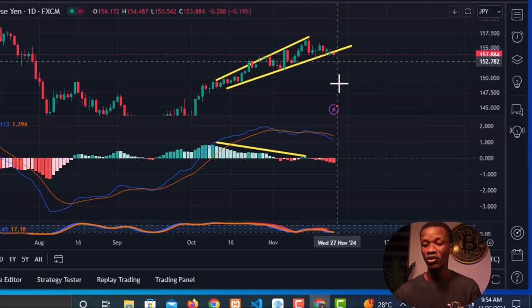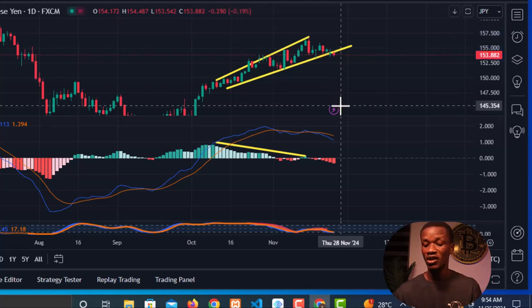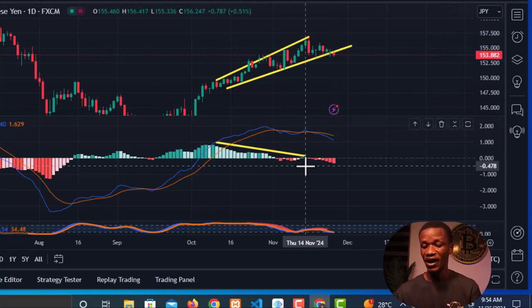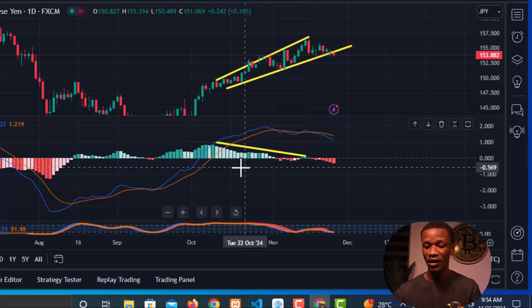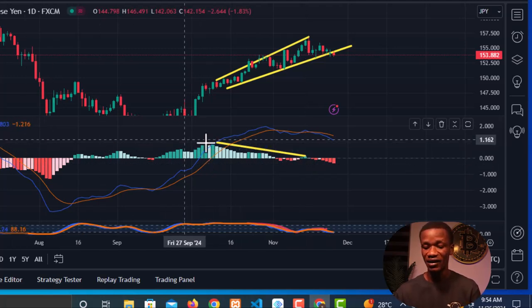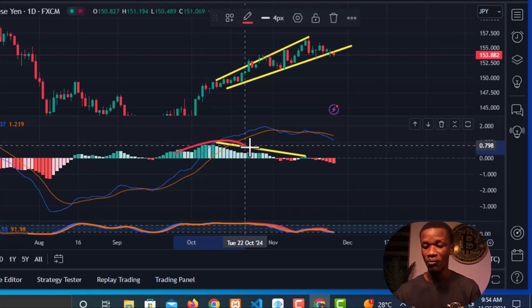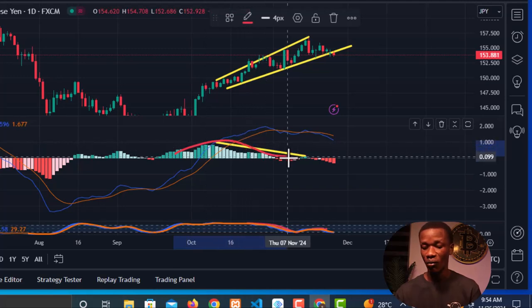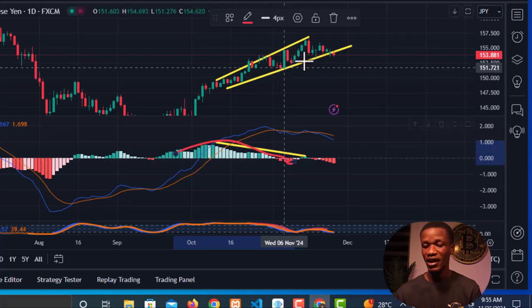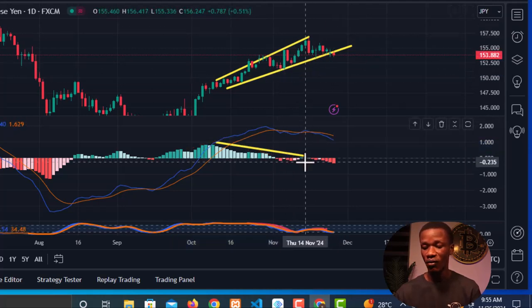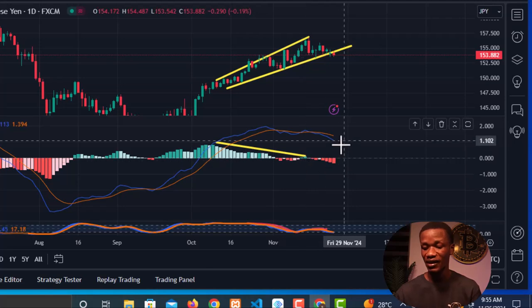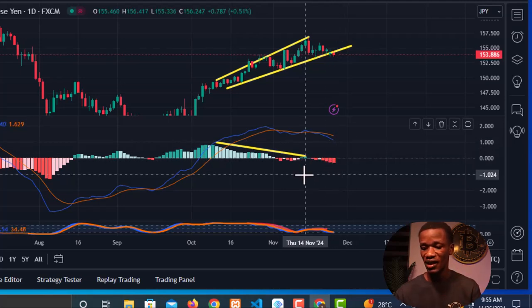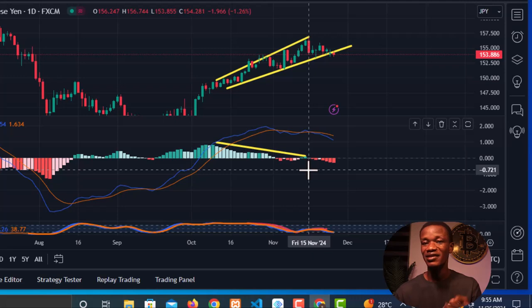Another confirmation for your divergence is that if you look at this histogram, there was a formation right at this point which formed this peak, and the market came back down, forming on the negative side of the MACD at this point, and afterward the market began to form again on the positive side. Then the next confirmation is that we want to see the market start formation on the negative side after a formation on the positive side.